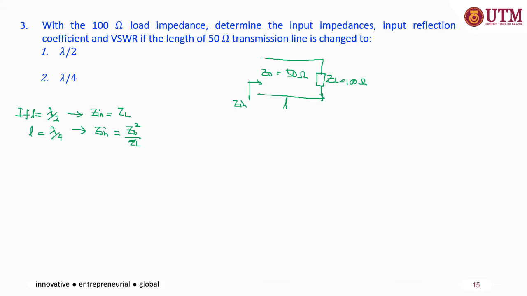Right, considering the first case, case 1, if L equal to lambda over 2. So in this case, we know that for the special case, your Zin will be equal to ZL. So in this case, it is equal to 100 ohm.